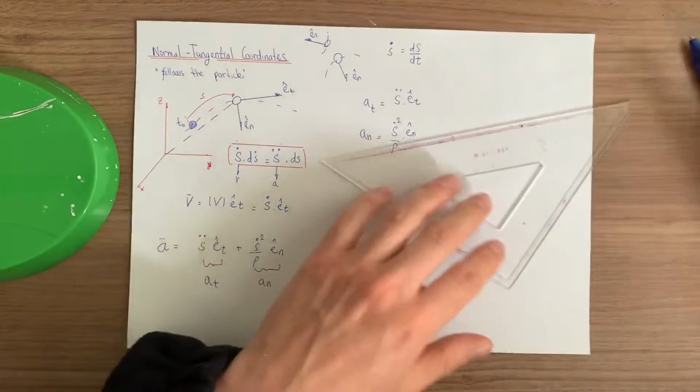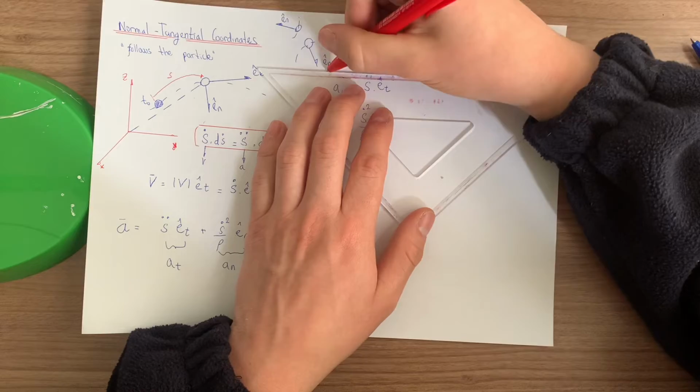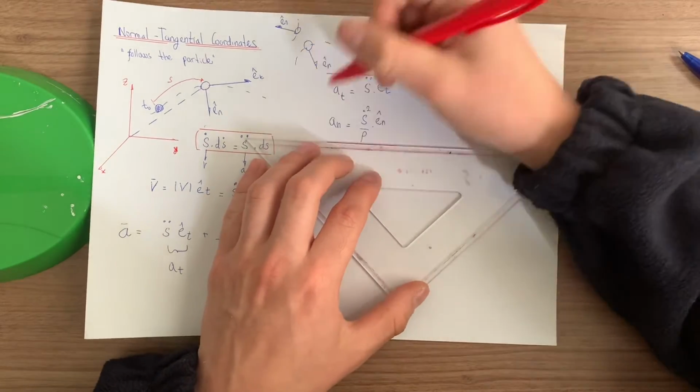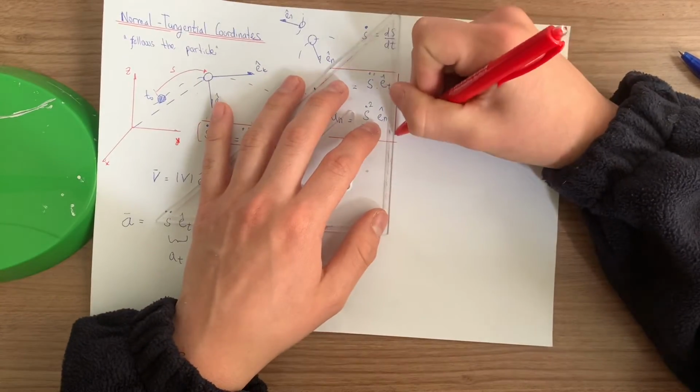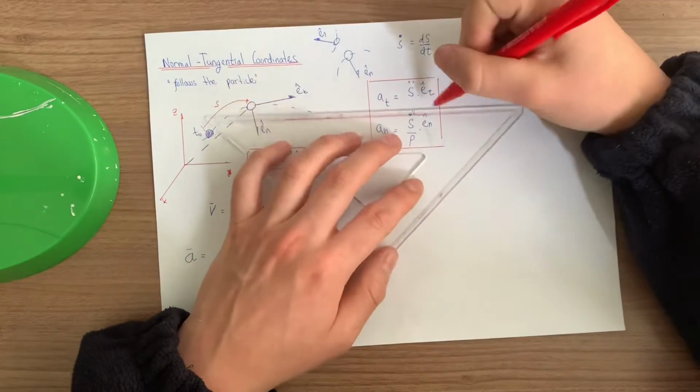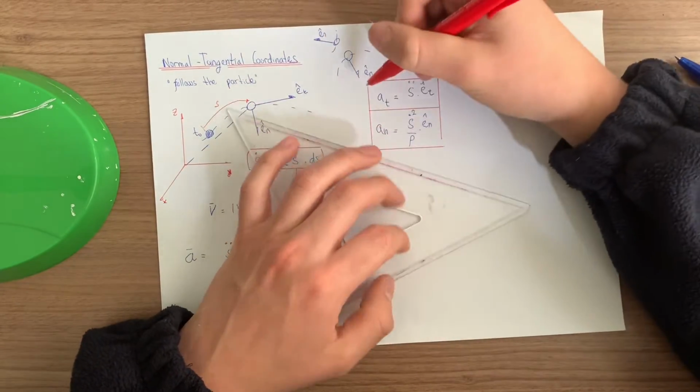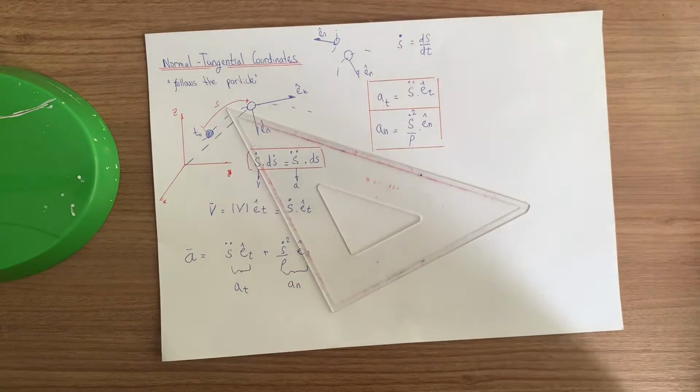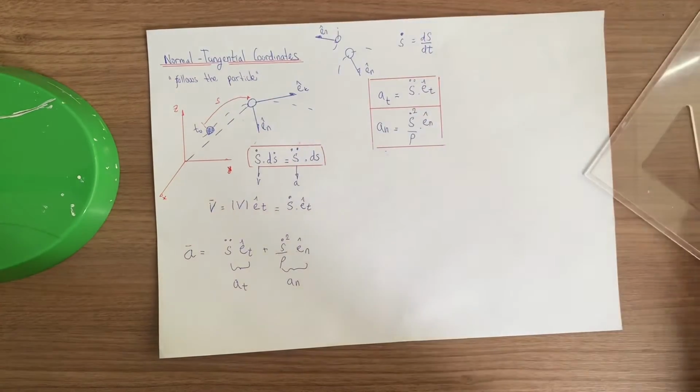Okay, so this is also pretty important, because the accelerations in NT coordinates, normal tangential coordinates, are so important because it will work for kinetics. We're going to find a lot of things with these two accelerations in kinetics.